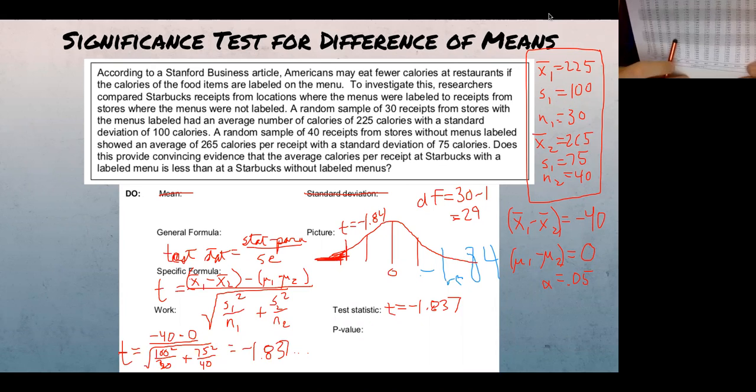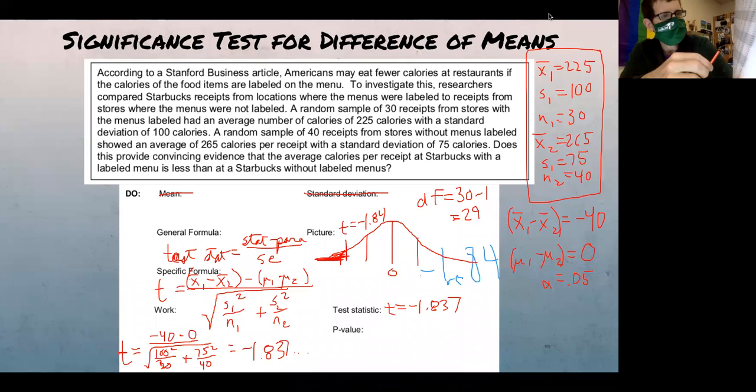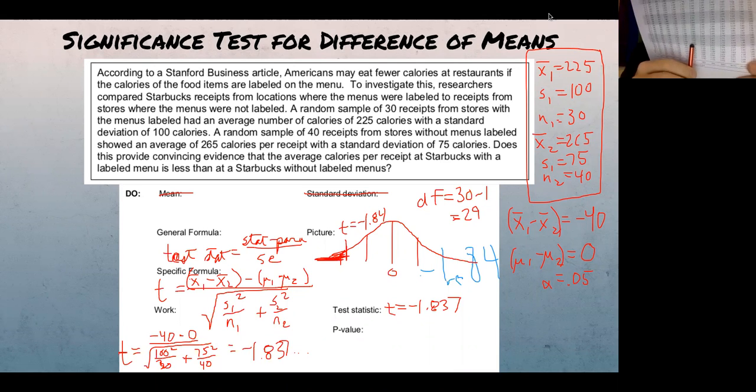Our test statistic is negative 1.84, and the absolute value of that is 1.84. I'm going to go over until I find where that would fall in line. 1.84 falls between 1.699 and 2.045. So it's going to fall between these two.